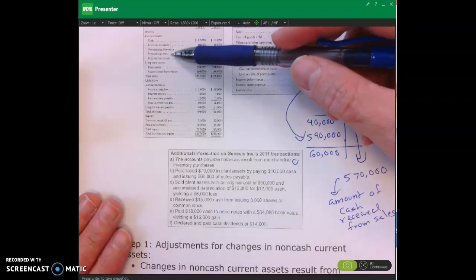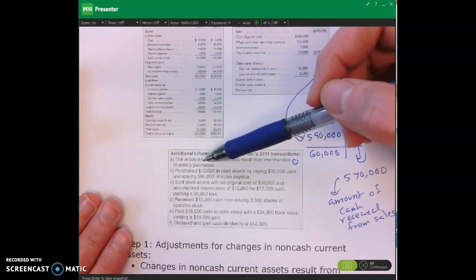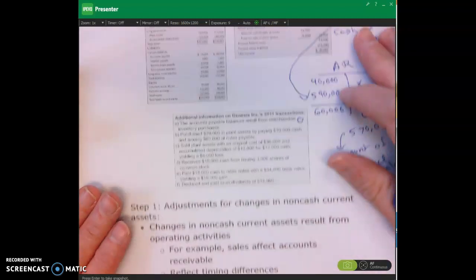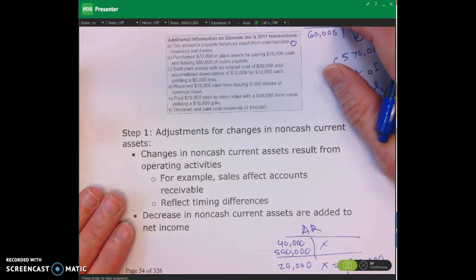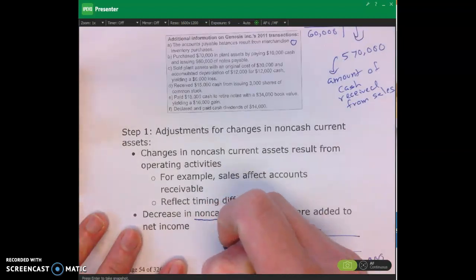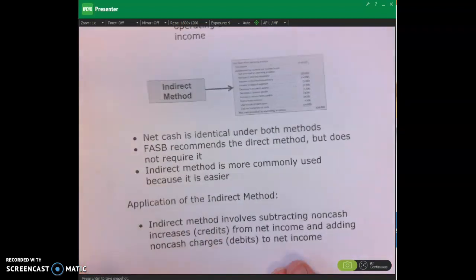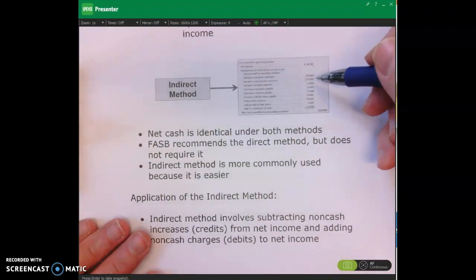Okay, so you want to look for those and you want to apply that rule that I just talked about. And that rule again: a decrease in the balance of current assets is added, an increase in the balance is subtracted. Now again, I'm looking at non-cash current assets, so you don't include cash. If you look over here at the indirect method, there's nowhere cash is included.